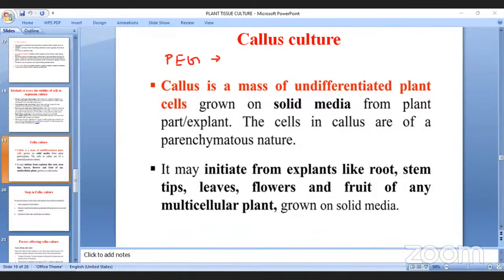Already this is the protoplast culture tube, with the separated protoplast inside. For example, this is the protoplast.